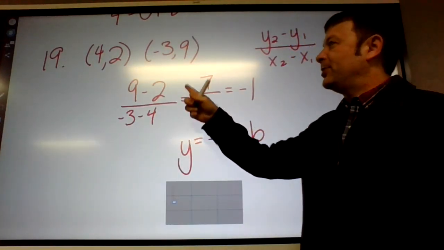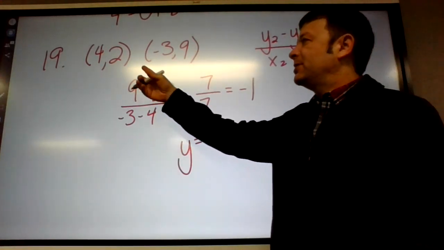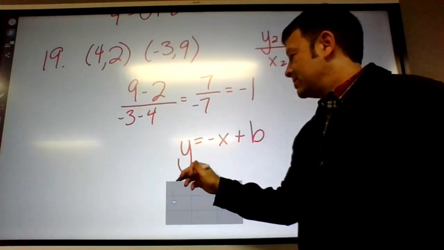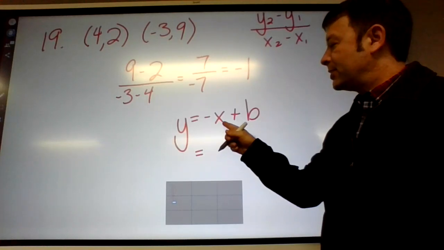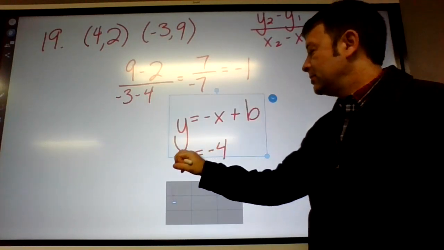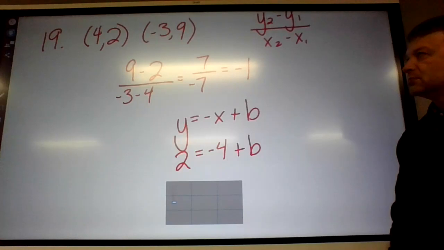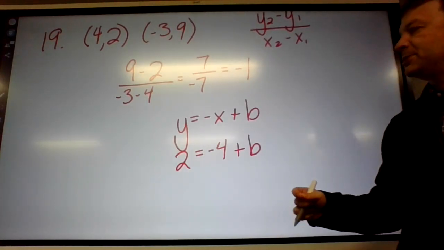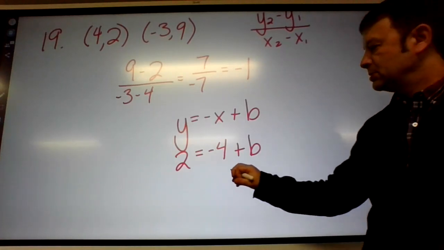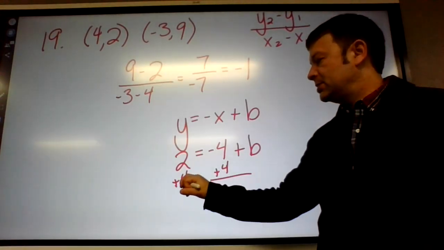There's a lot of possible x and y values, but there's only one b value. Let's do 4 and 2, it looks a little easier because they're both positive. If I plug in 4 here, this would be negative 4 because there's a negative in front of it. 2 is the y value. Negative 4x, no, x is replaced by 4. Yeah, b is 6.